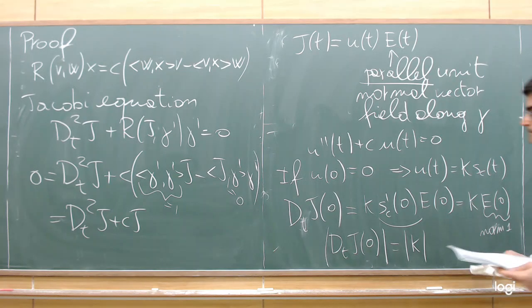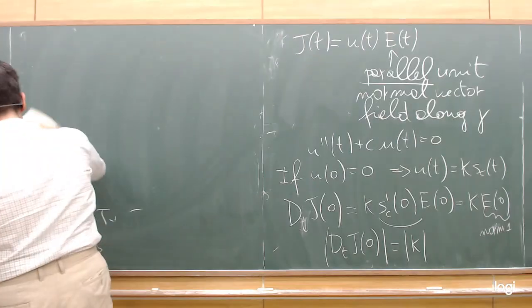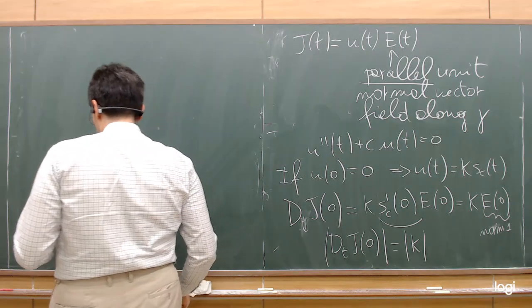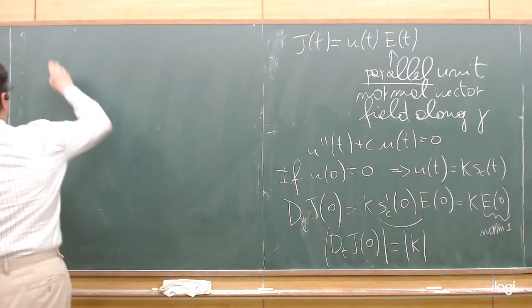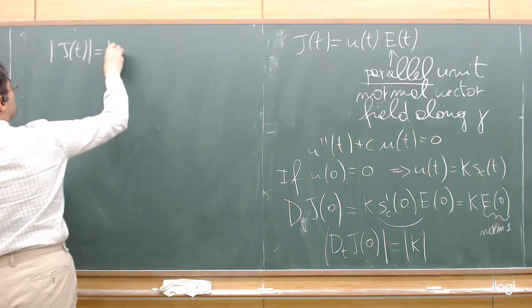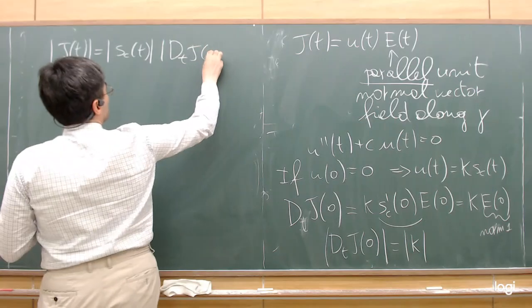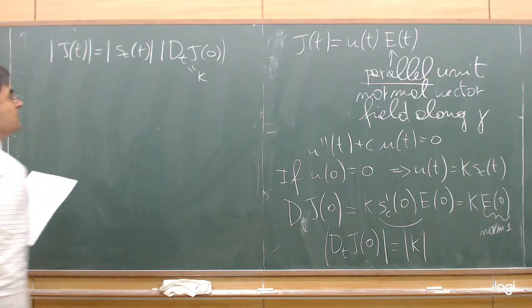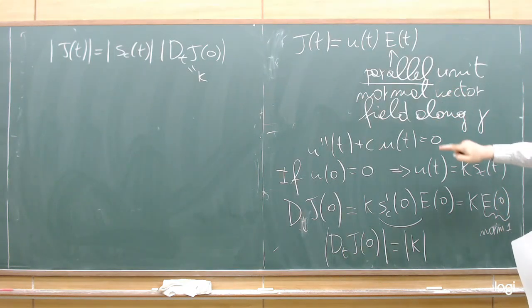Consequently, you get from here the norm of J equal to the absolute value of K times sn_C, because this is equal to K, and E does not appear because it is parallel and it has norm 1.